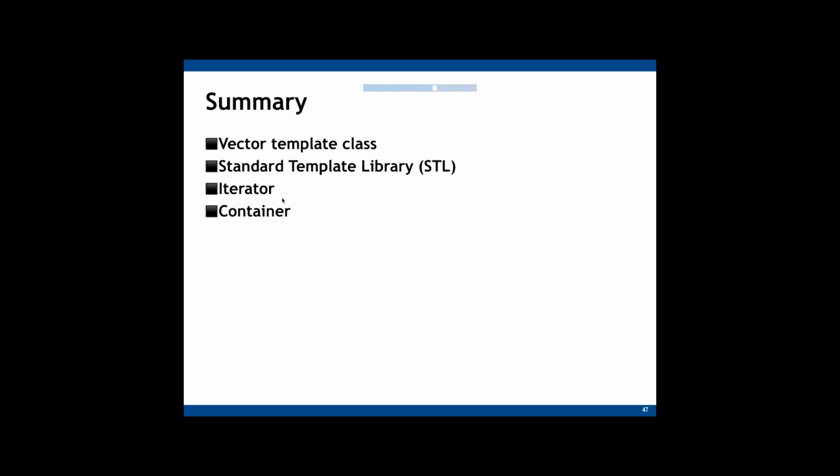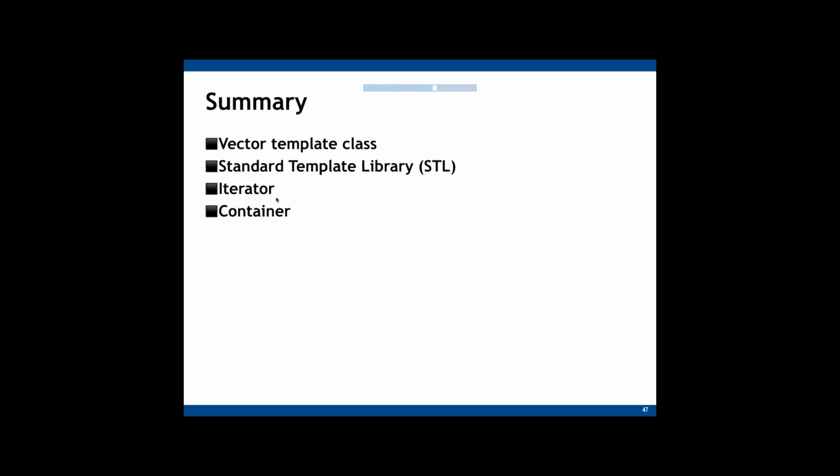For iterators, there are 3 different kinds: forward iterator, bidirectional iterator, and random access iterator. And these 3 iterators can be further categorized into mutable and constant iterators, depending on whether you can change the value of the element using the dereferencing operator. If you can change it, that iterator is mutable.